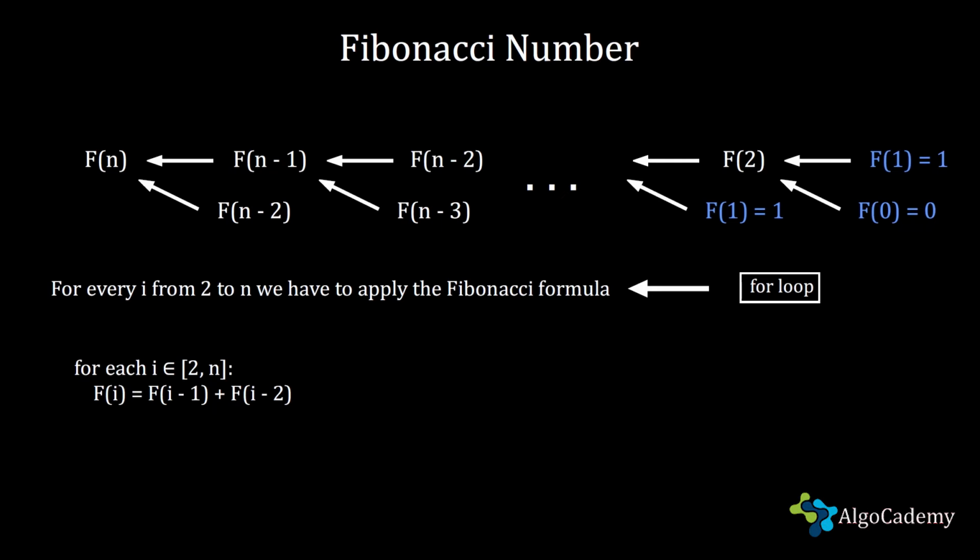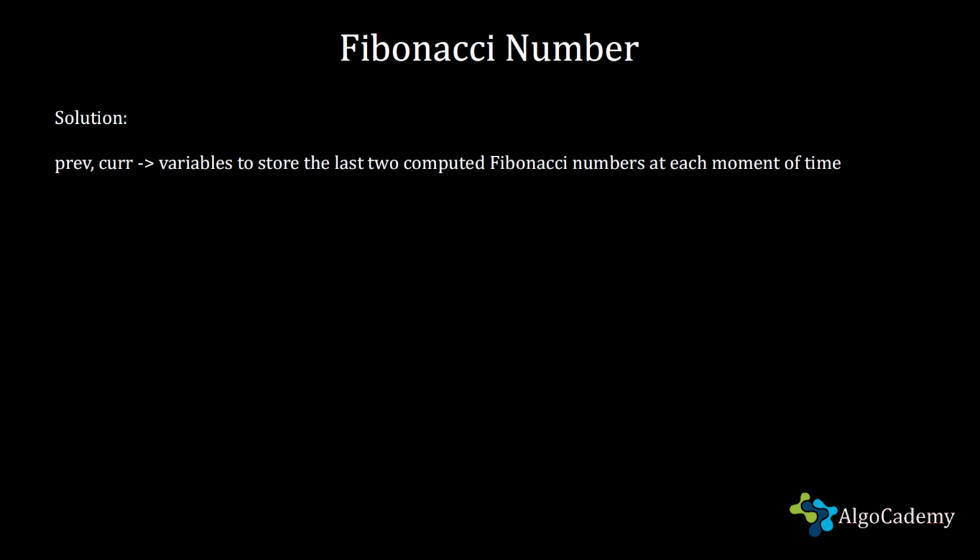So we will use two variables to store them. Current, which will store the last computed Fibonacci number, which is basically fi-1 at this step of the for loop, and previous, which will store the second to last computed Fibonacci number, which is basically fi-2 at this step in the for loop. Now let's take a look at the code.